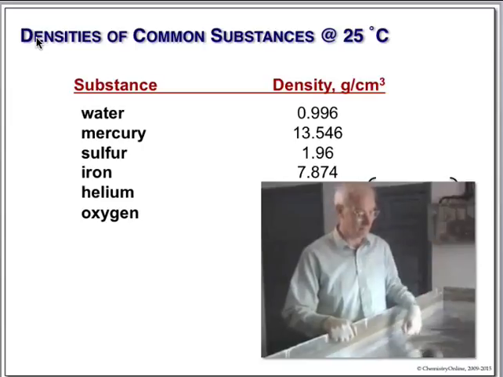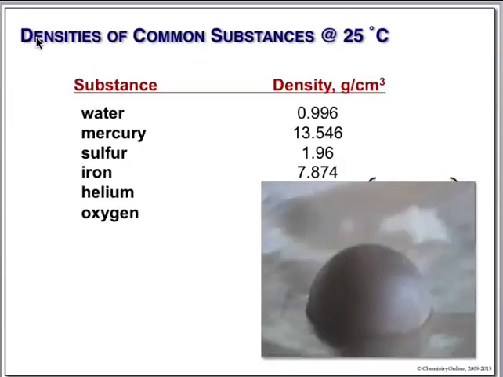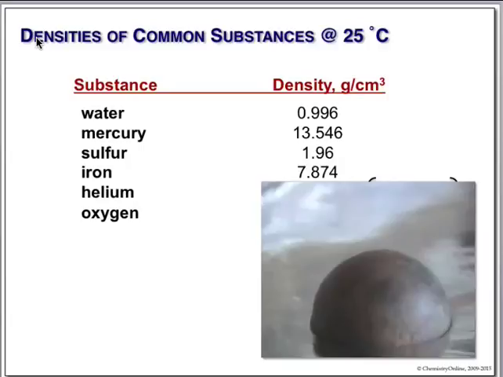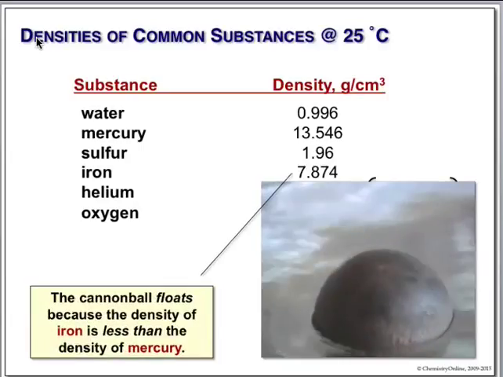There it goes. And the amazing thing is, it floats. Now, cannonballs don't float on very many things, do they? The reason, of course, is that here's the density of mercury, 13.5. Cannonball is iron at 7.8. So it's less dense. One will float on the other.